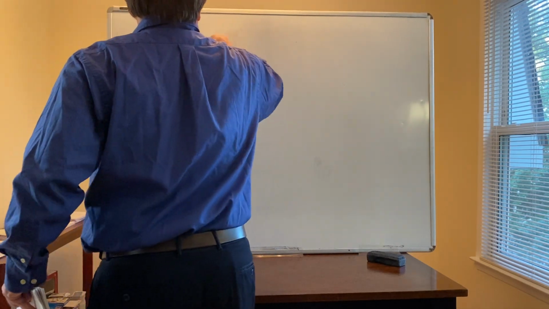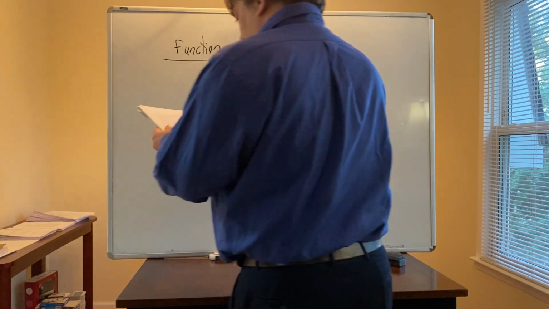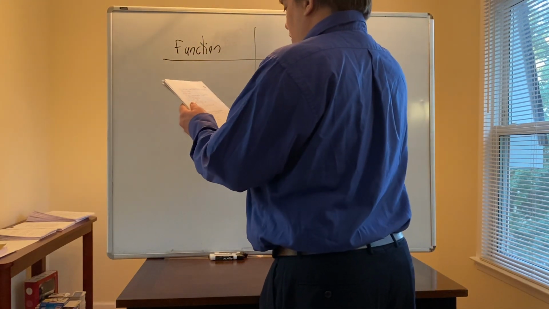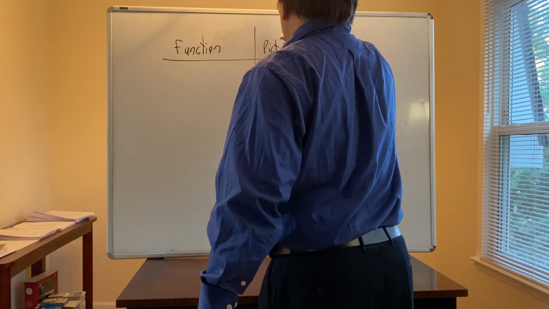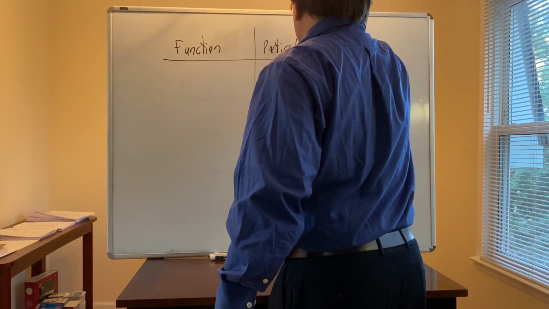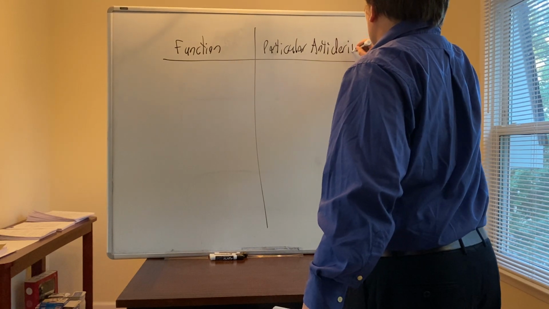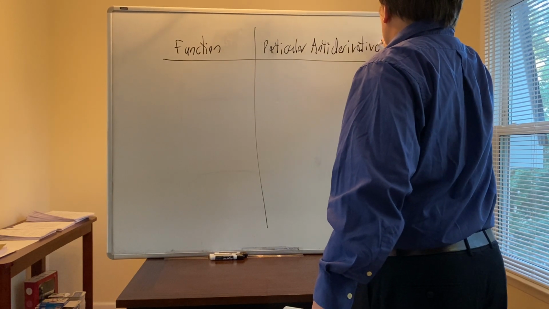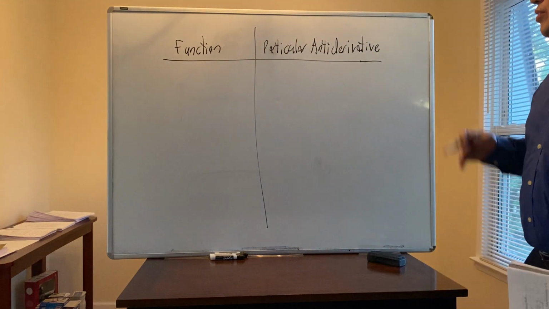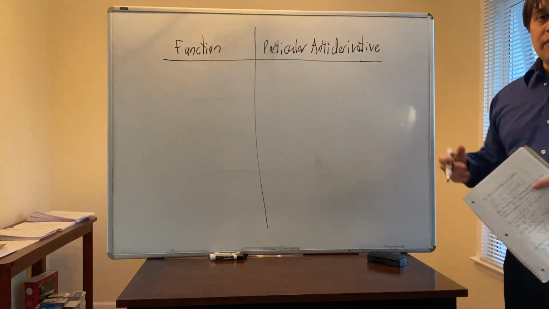Here's a table of antiderivatives. The first column are functions, and the second column are particular antiderivatives. So for each function, I'll give you a particular antiderivative, and then to find all of them, you just add plus c.